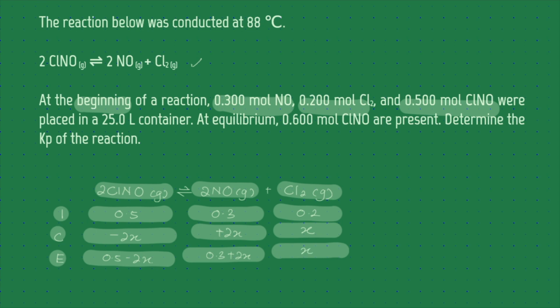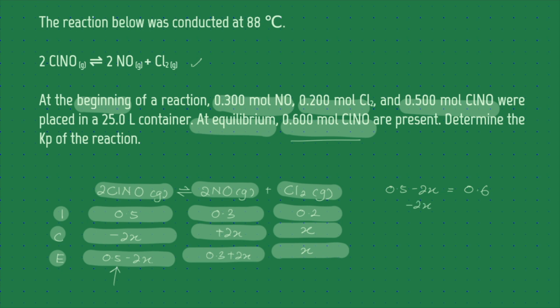Right, and then it states here that at equilibrium the nitrosyl chloride is 0.6 mole, which means that this is equivalent to 0.6 mole. So we are going to use this information to find the value of x. So 0.5 minus 2x is equivalent to 0.6.